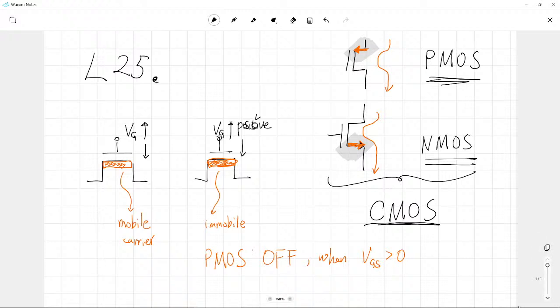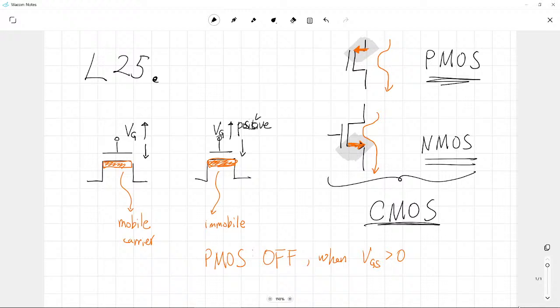Maybe you have heard this name quite many times. This C stands for complementary. Complementary means that you have something and there is another thing which is dual to the original one. Here we have NMOSFET and PMOSFET, they are complementary to each other. So the technology is called CMOS technology. And when we say semiconductor, we usually mean CMOS technology.